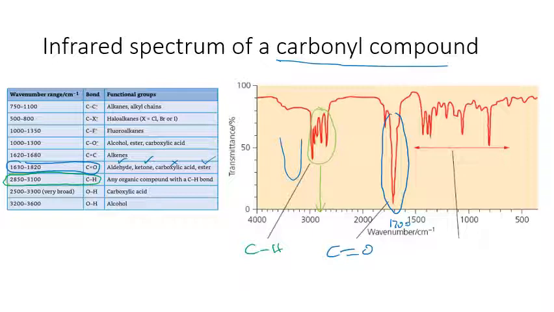It'd just be a nasty exam question if it was an ester, because if we looked at the fingerprint region, we'd have to find the carbon-oxygen bond of the ester in there somewhere. As you can see, it's pretty messy. So if you get a chart like this, your instinct is that it's an aldehyde or a ketone, and to distinguish between aldehyde and ketone, you'd need some supplementary data.